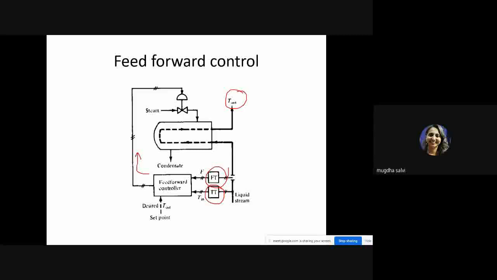That is the use of feed forward. But depending on feed forward only is a little risky. The reason being that if the model or the heat exchanger is not accurate, it is not going to give you correct calculations and there will be errors in controlling T out. So it is always preferable that you combine feed forward and feedback together.